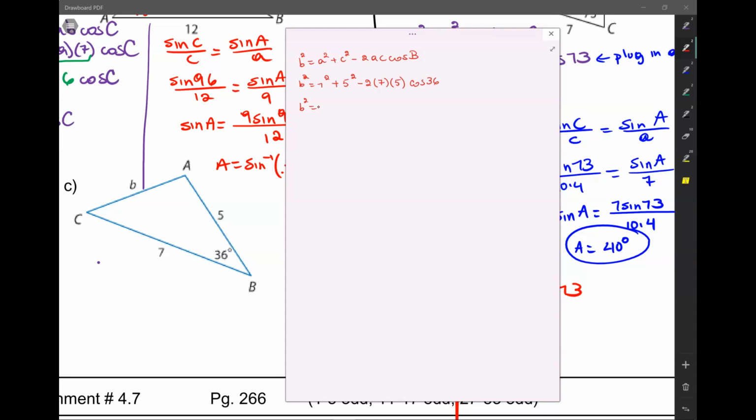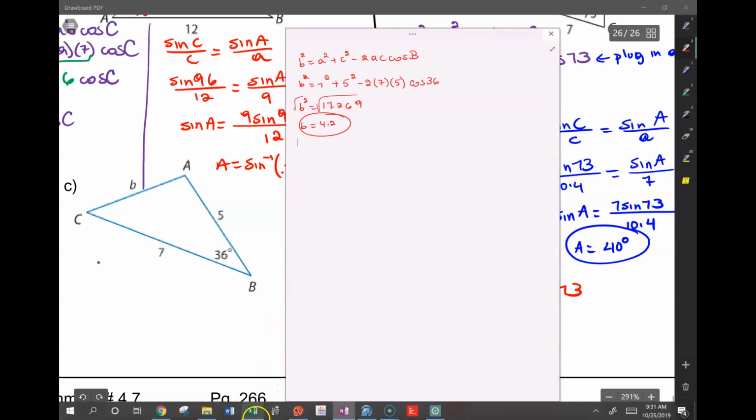Oh yeah, sorry. B squared is 17.369. And then when you take a square root, right, what did you get? 4.2, correct. It's okay. So B is 4.2. Right? Which one should we do next?